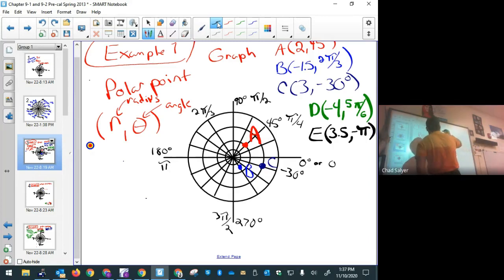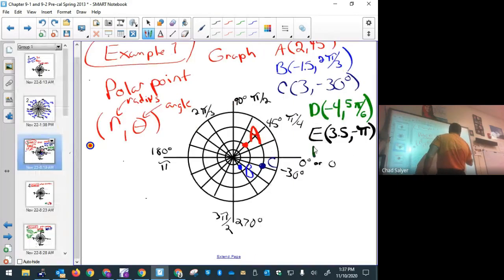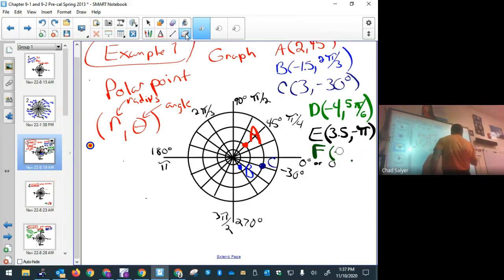And then we'll do F. And we'll make that one (-4, 0). Well, no, that's too close to the previous one.